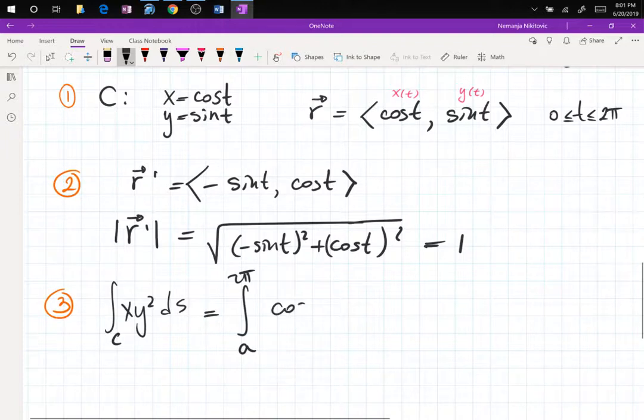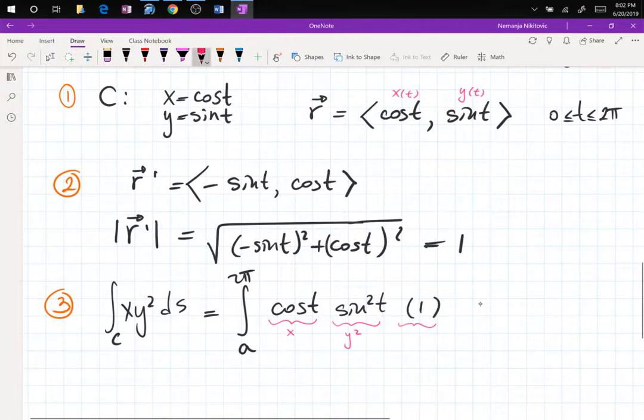So it's a cosine t. This one over here is x. And then I need to have sine squared t, and that's my y squared. And then I have to multiply this by 1, which is the magnitude of r prime. And then finally at the end I have dt.